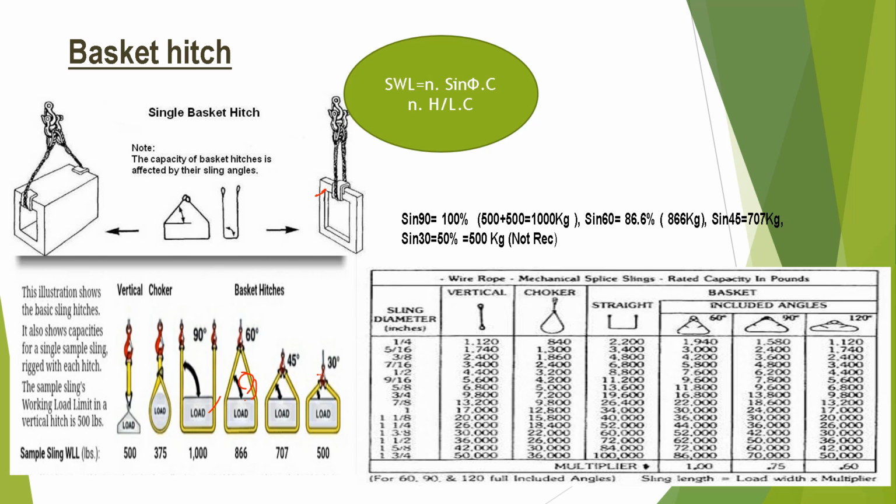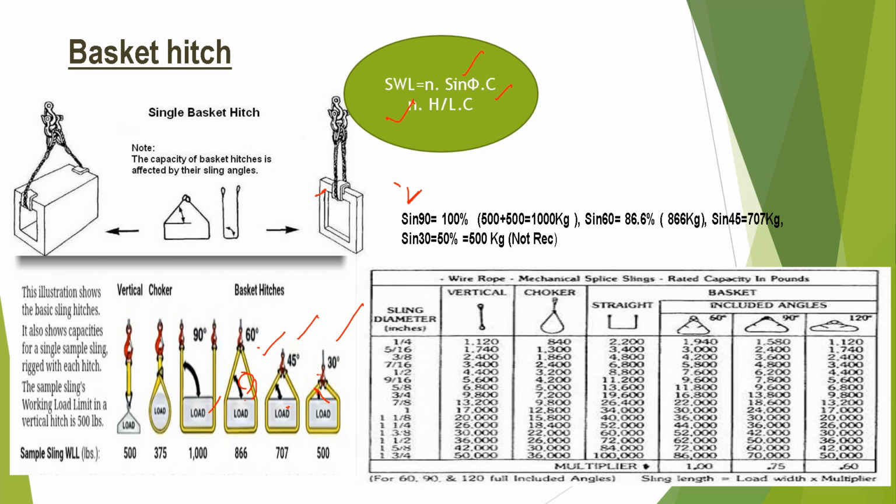However, we can have different capacity using basket hitch by varying the lifting angle. It is generally number of ropes times sine theta, where theta is the lifting angle. So see here, minimum 2 legs are formed in the basket hitch.